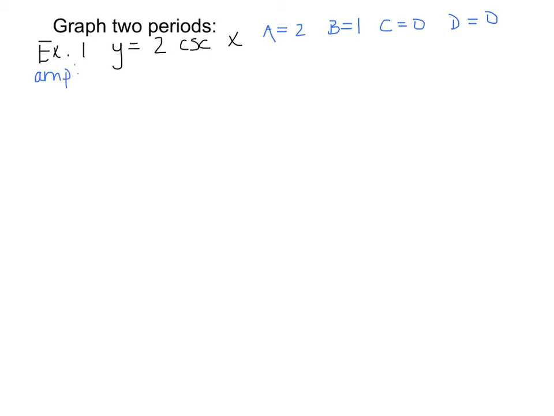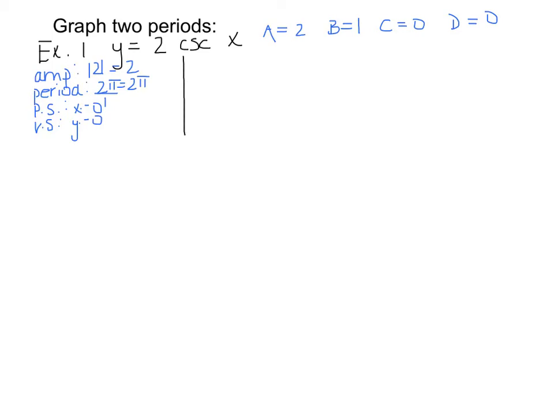My amplitude is the absolute value of A. My period is 2 pi over B, which is 2 pi. My phase shift, x equals 0. My vertical shift, y equals 0.